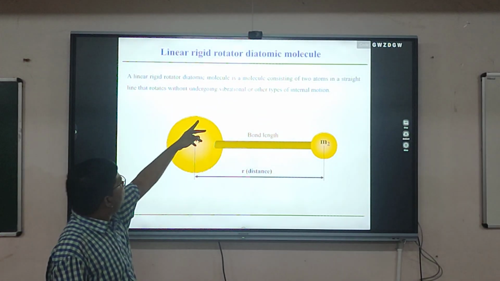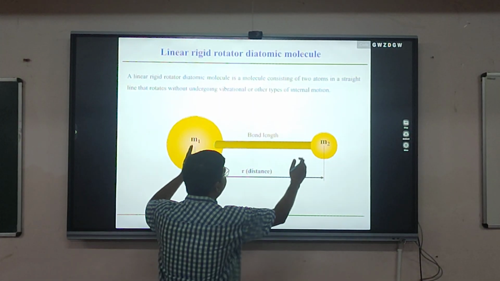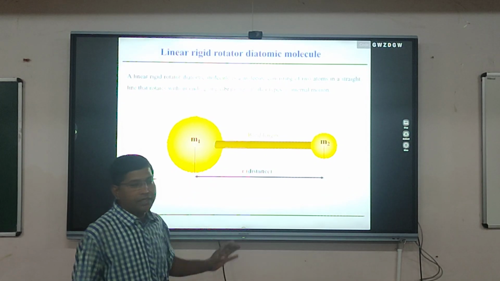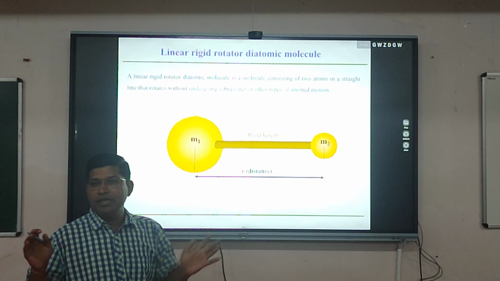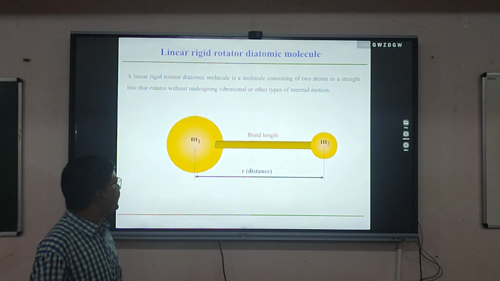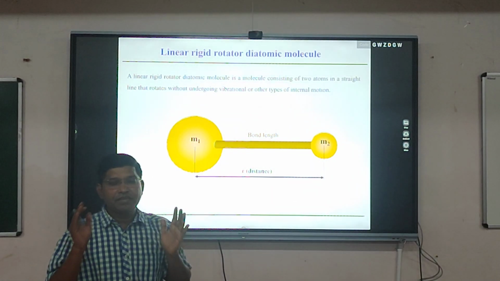A diatomic molecule consists of two atoms of mass m1 and m2, and they should be present in a straight line. Linear means the atoms in the molecule should be in a straight line, and the bond length between the two atoms is fixed.